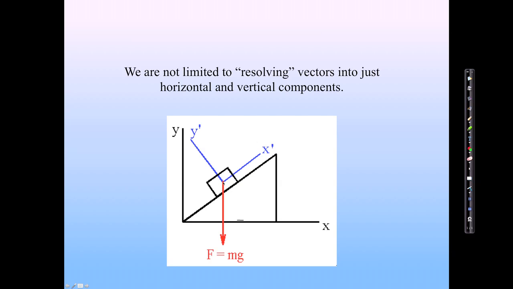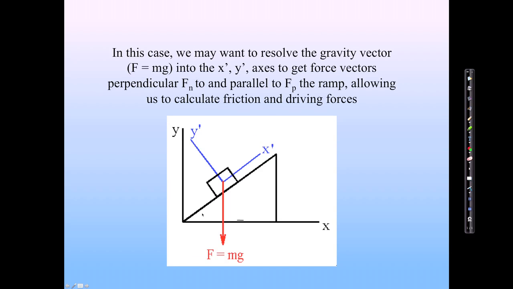If we figure out the x prime component of this, and then take into account any other forces like friction or some push that's happening, we can then figure out if this will slide down the ramp by itself or not. And so the frictional force that we find will be related to the normal force, which we'll talk about later, which is going to be equal in this case to the y prime component of gravity.